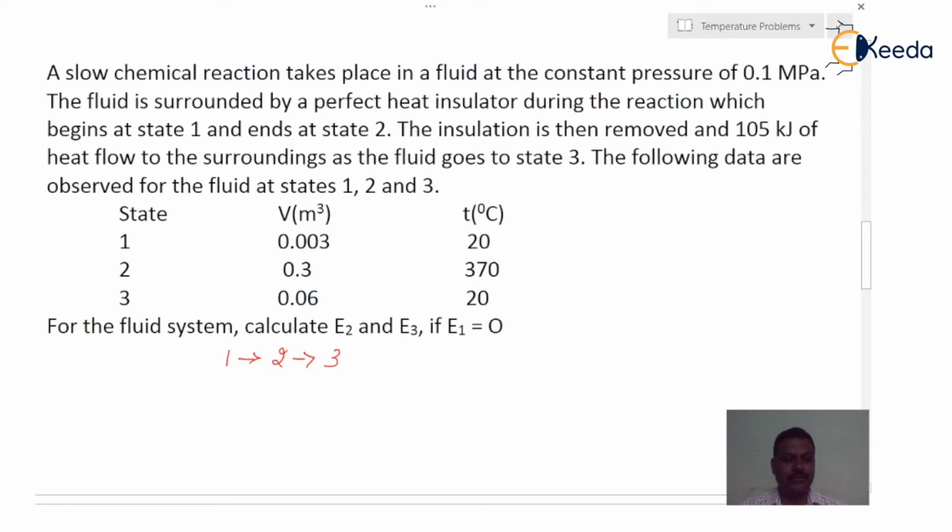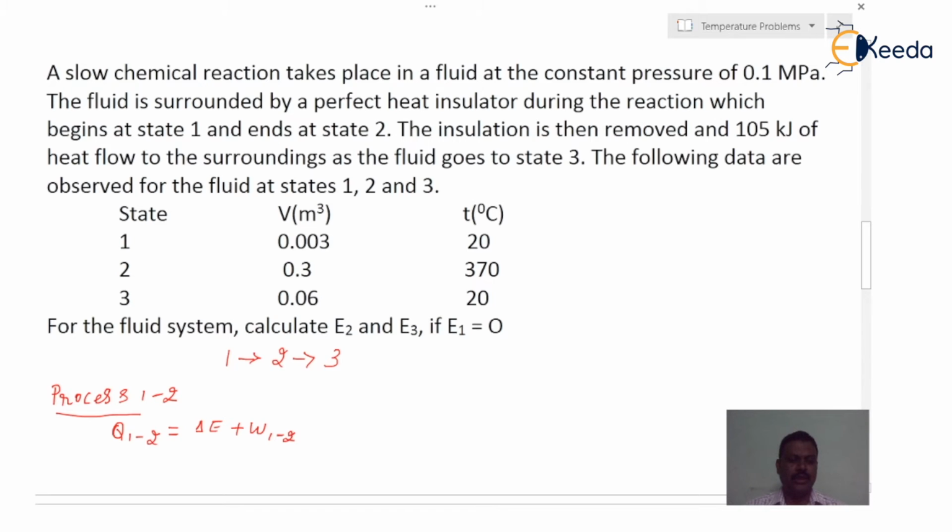So from the first law of thermodynamics, for the process 1 to 2, we can write the equation as Q1 to 2 equal to delta E plus W from 1 to 2.